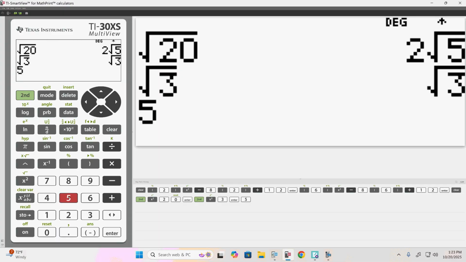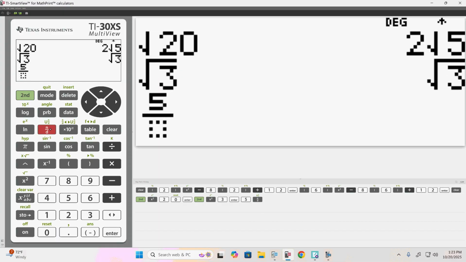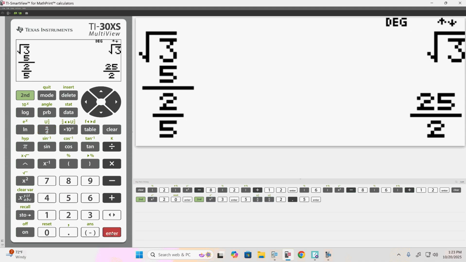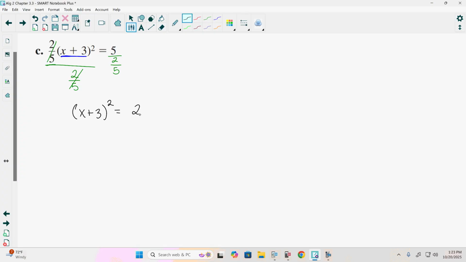5 divided by 2/5. 5 divided by 2/5 is 25 over 2. 25 over 2 is the squared term by itself.